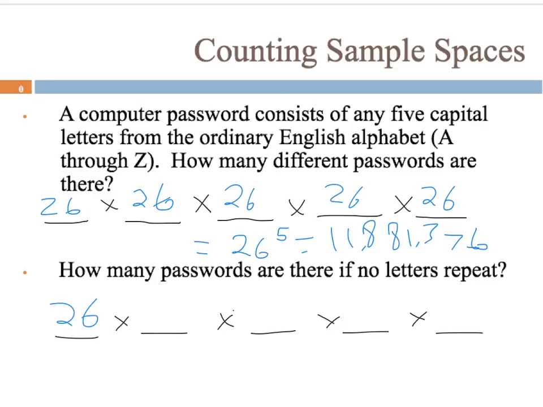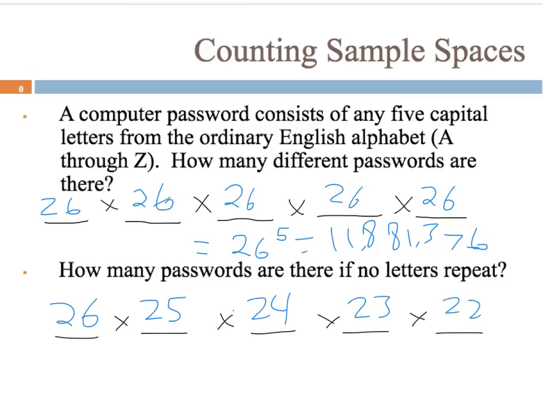Now if no letters repeat, say for example we picked the letter D, then I can't reuse that. So I would need to choose from the other 25. And then maybe the next time we pick Z. If I use Z, I can't reuse D or Z, so I would need to pick from the other 24. So every time you use one, there's one less available.